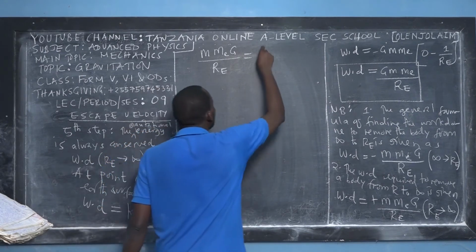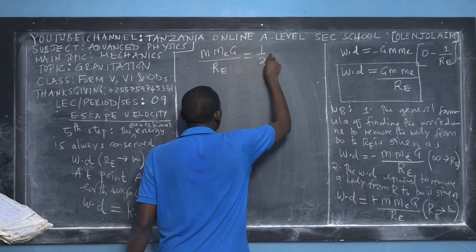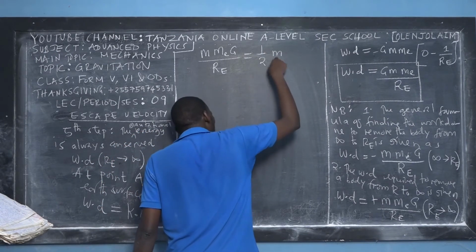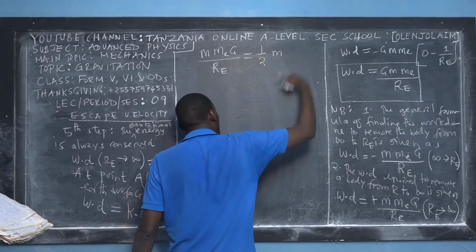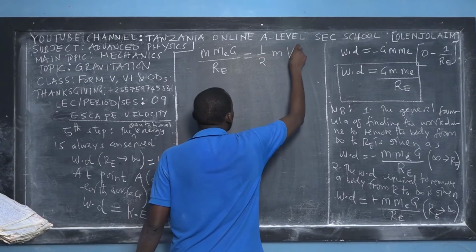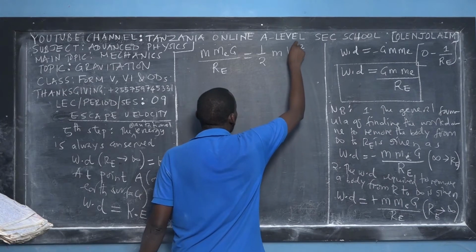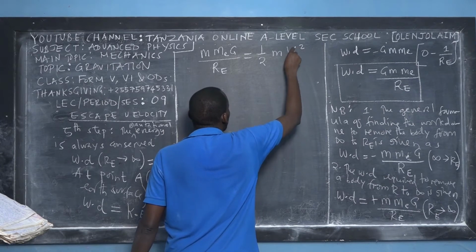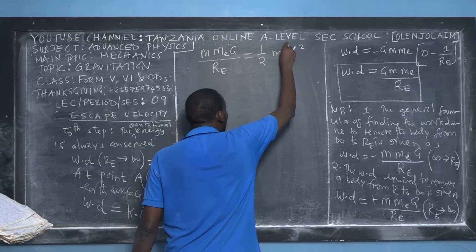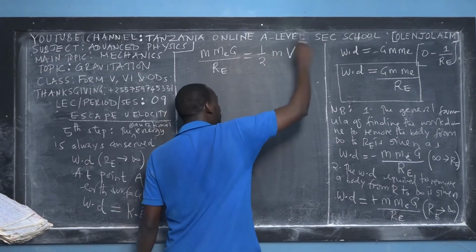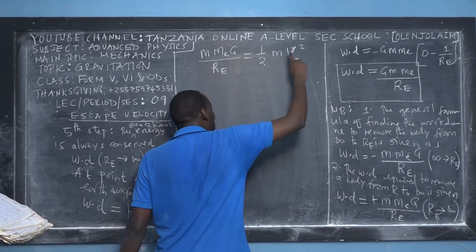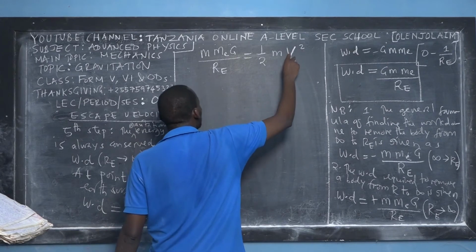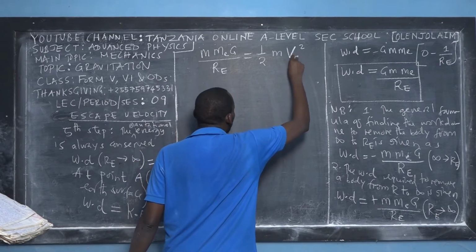And this kinetic energy, from fundamental mechanics, is one half times the mass of the body moving away from the Earth's surface times the square of its velocity. This is the velocity because now the body is moving from the Earth's surface to infinity, where there is no disturbance or gravitational pull. So this velocity we call the escape velocity.